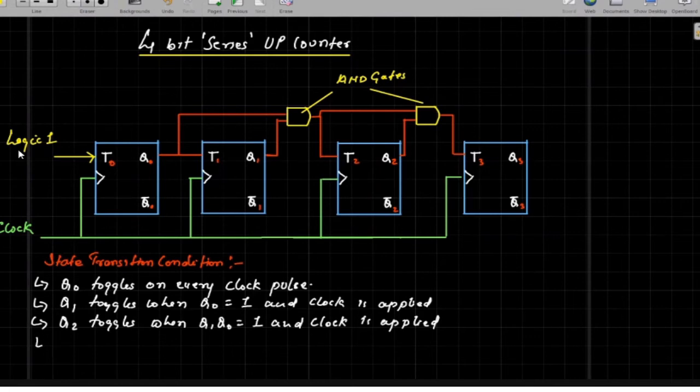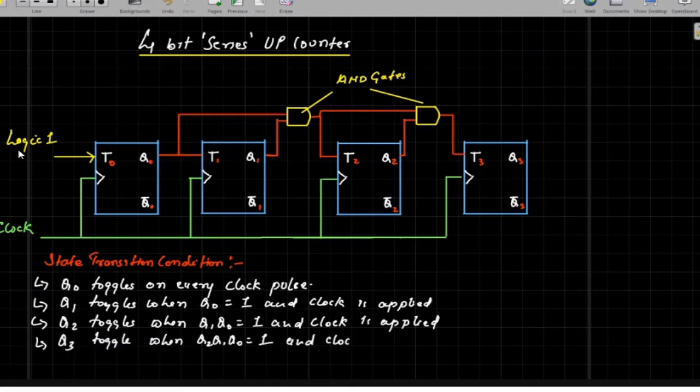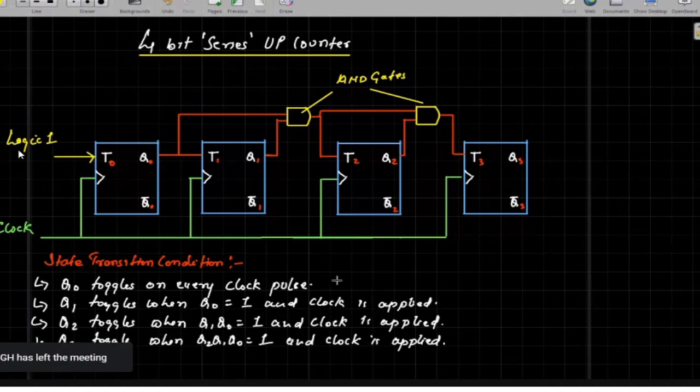And similarly, Q3 toggles when Q2, Q1, Q naught is equal to 1, and the clock is applied. So this is the entire functioning.